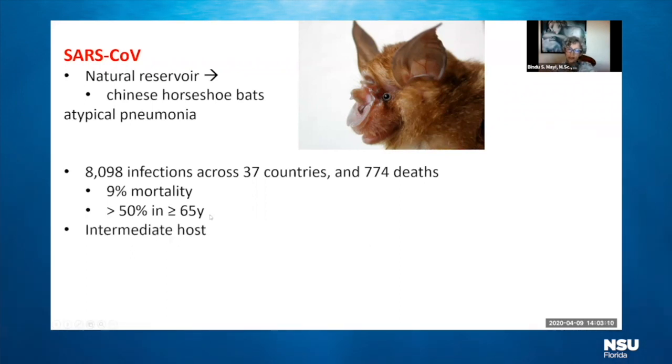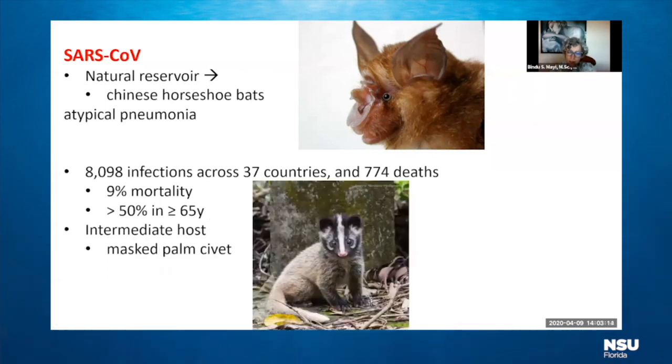Okay, so how did it get to us from bats? There was an intermediate host, and that intermediate host was the masked palm civet. So in live animal markets, these masked palm civets picked up the infection from wild bats that were also in the market. People who purchased and slaughtered these animals were subsequently infected with the virus that they picked up from the masked palm civet.